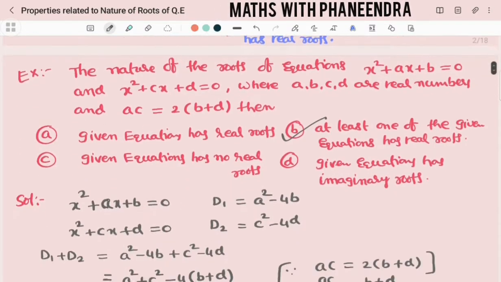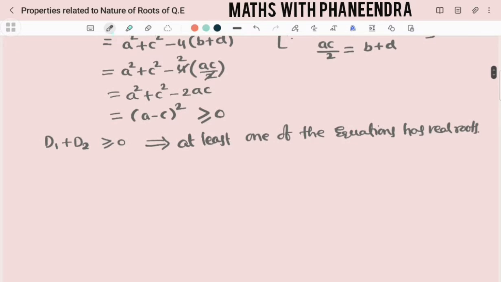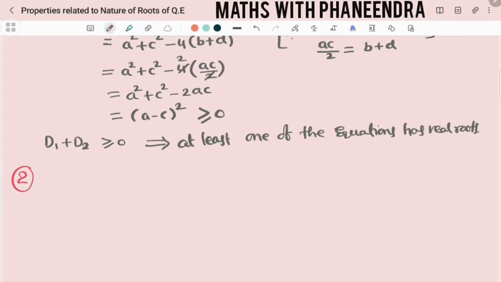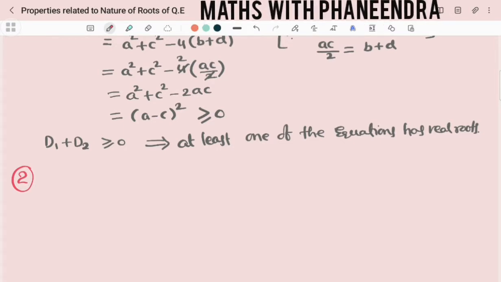We will move on to the second property, property number 2. So this is the concept and example in this way. This concept is especially important for the JEE Mains exams. Dear students, you remember, previously we discussed that property 1 is d1 plus d2 is greater than or equal to 0.